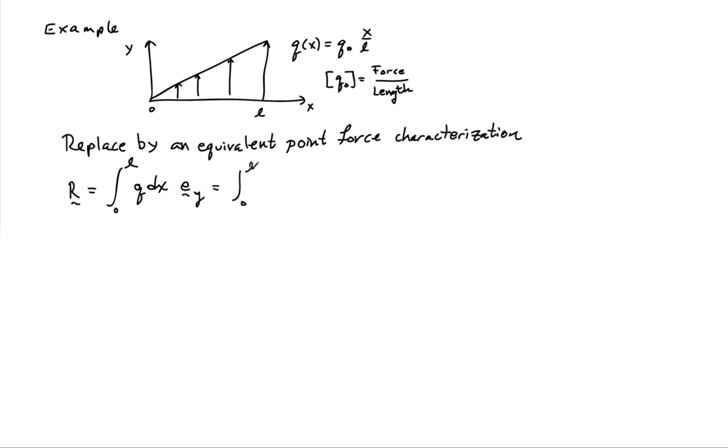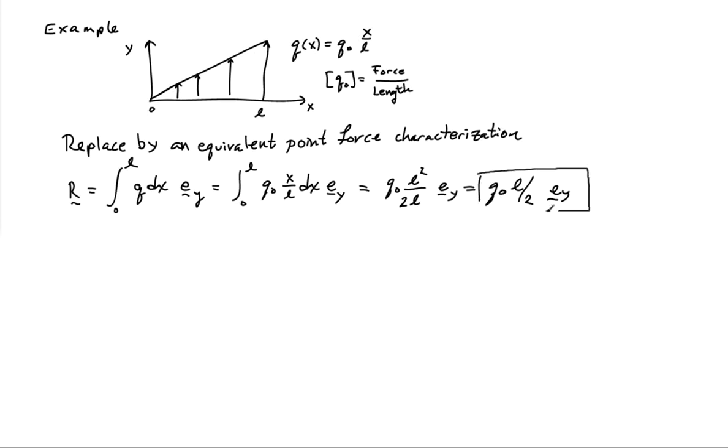So we have the integral from 0 to L of Q naught x over L dx Ey. That's just the integral of x, so we get Q naught L squared over 2L Ey. So that's Q naught L over 2 Ey. That gives us the total resultant force.